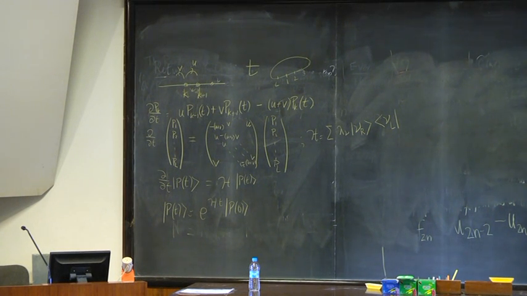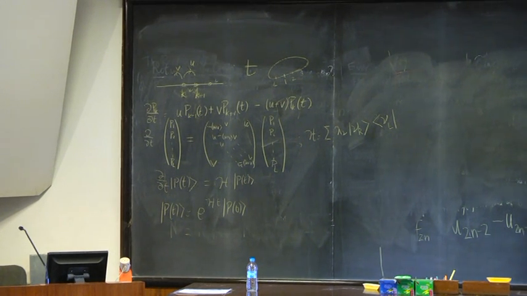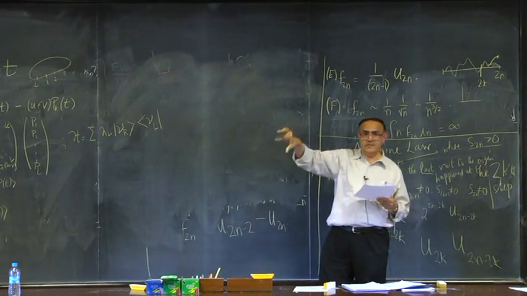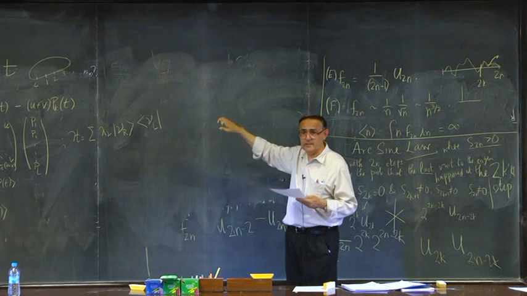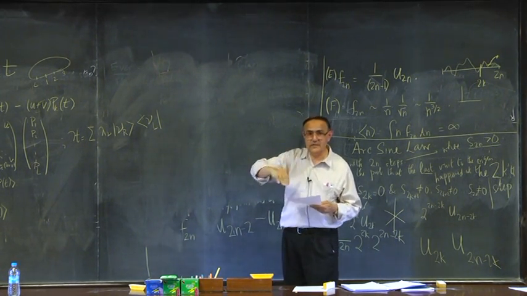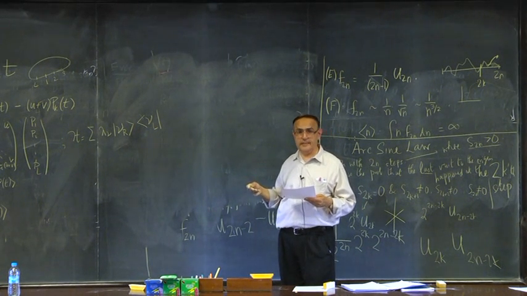This matrix H is not Hermitian. So what does diagonalization mean? It means finding a similarity transformation such that S operating on this matrix with S inverse will give you a diagonal form. And these S's are made up of the right and left eigenvectors of H.